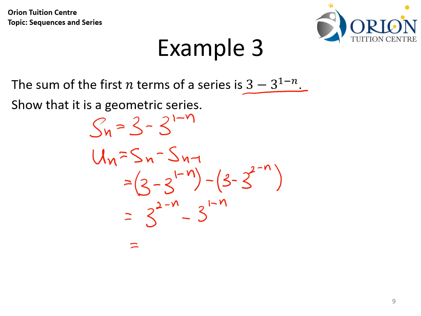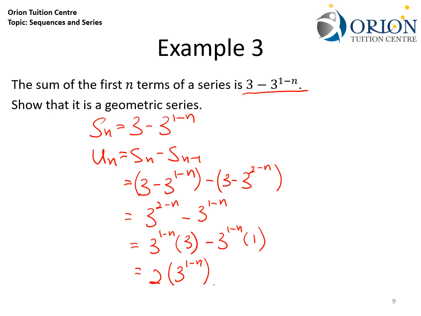And we should further simplify this equation. This is the same as writing 3 to the power of 1 minus n times 3 minus 3 to the power of 1 minus n times 1. And therefore, this term for un becomes 2 multiplied by 3 to the power of 1 minus n.